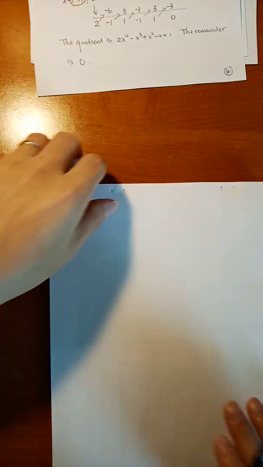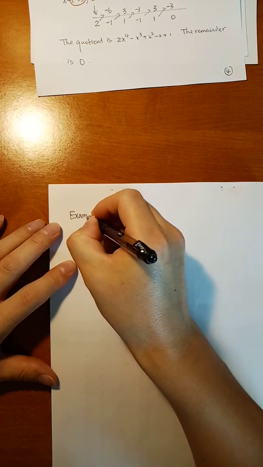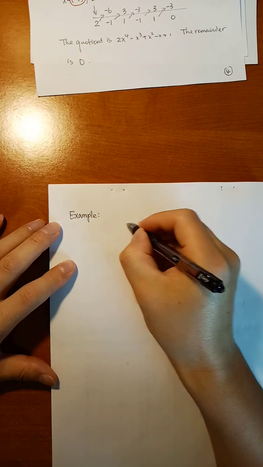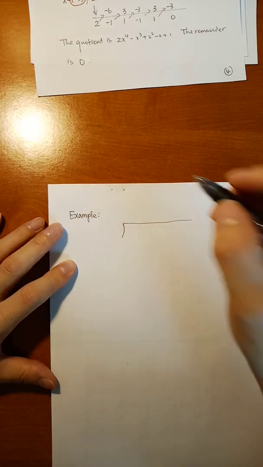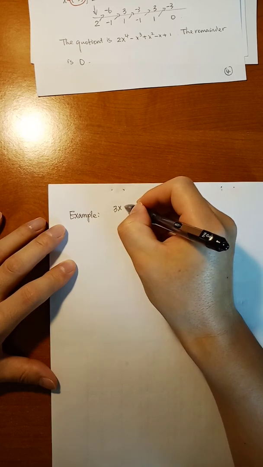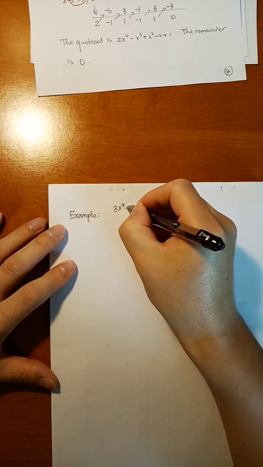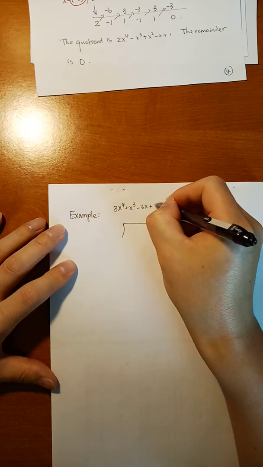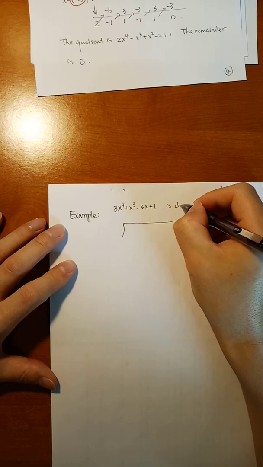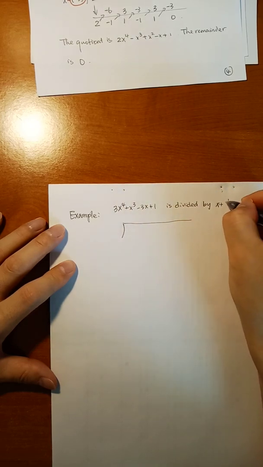One more. We try to divide 3x^4 minus 3x plus 1 by x plus 1 over 3.